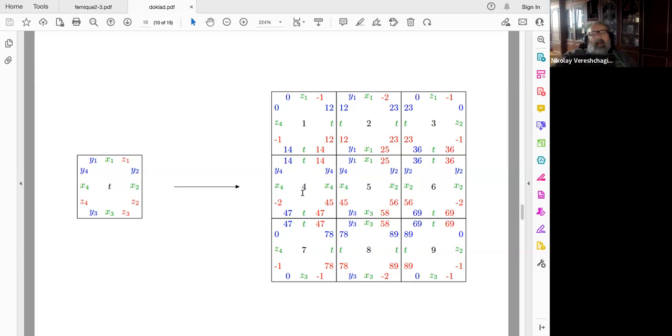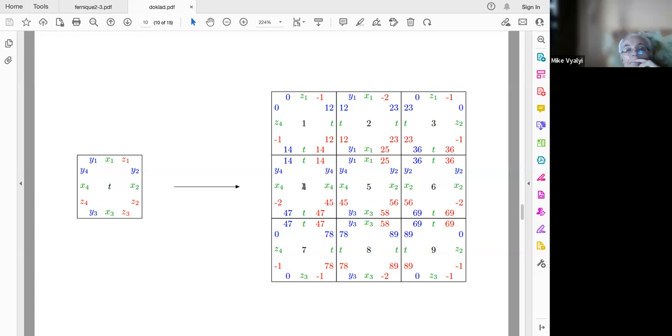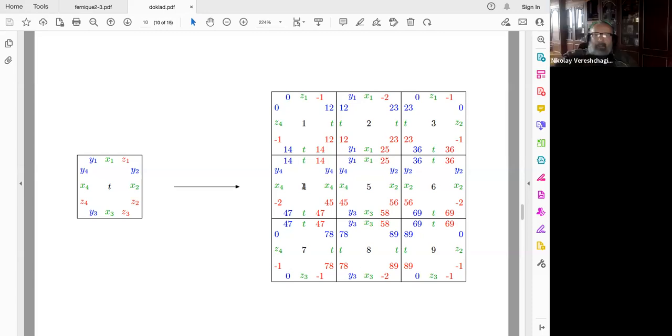Okay, now a more difficult task. How to distinguish 4 from 2? Maybe -2 and 14. No, we can't use -2, without red indices. Only blue and green. That's important. Actually, it's enough to use only blue. How to distinguish 4 from 2 using blue indices?